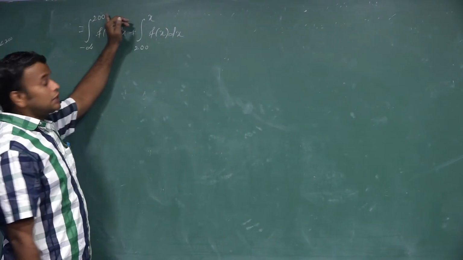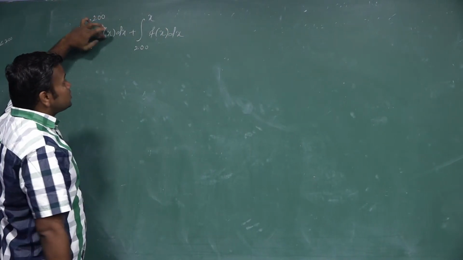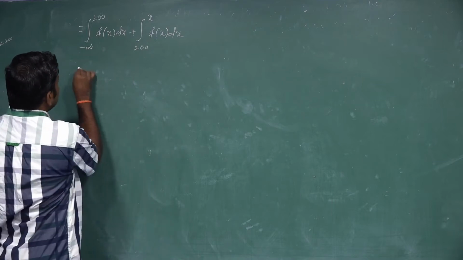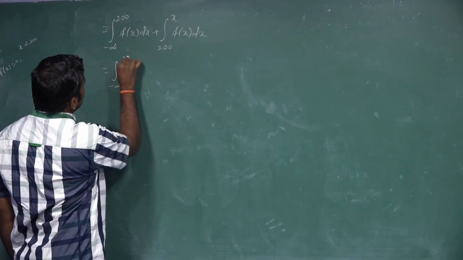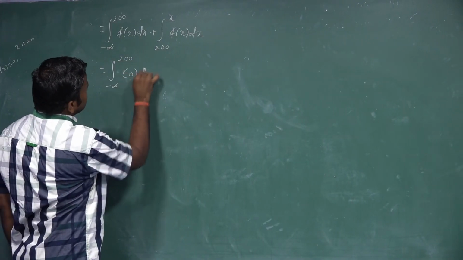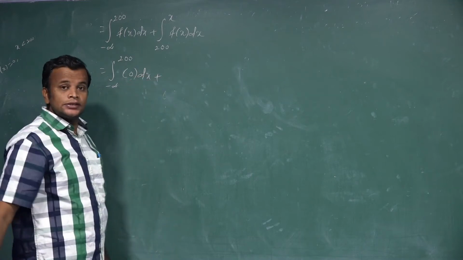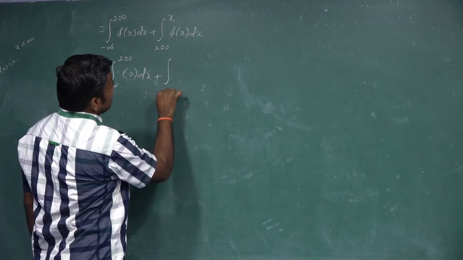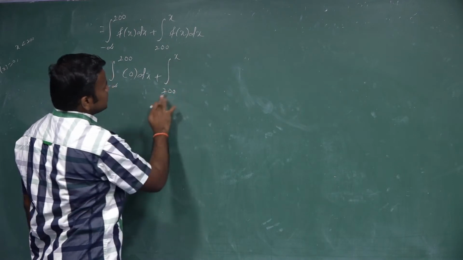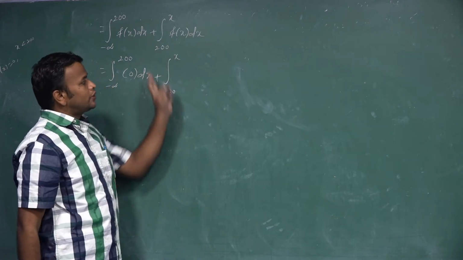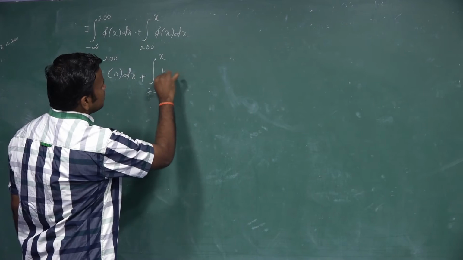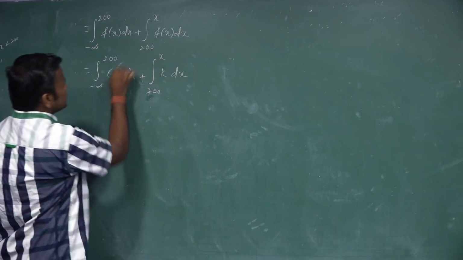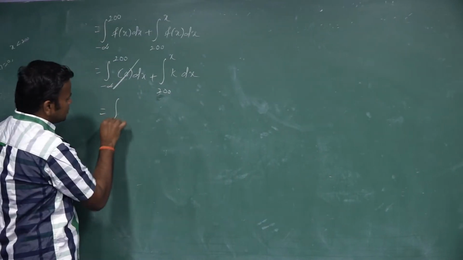In the first integral, you see the f of x value is defined as 0. So minus infinity to 200, f of x value is 0 into dx. But in 200 to x, x lies between 200 to 600, the value is given as k. So k into dx.